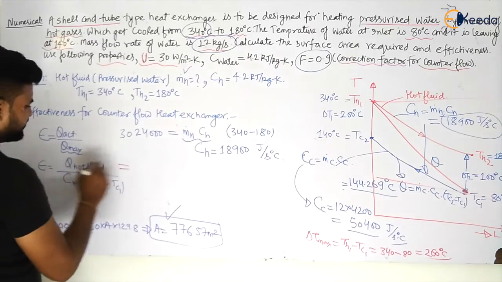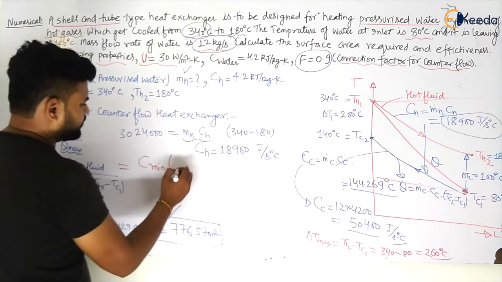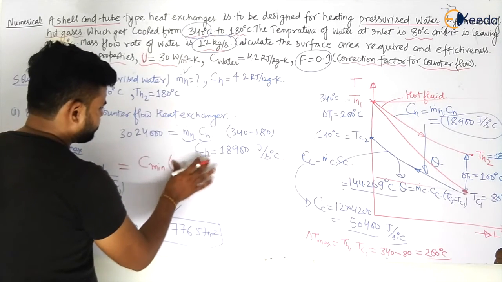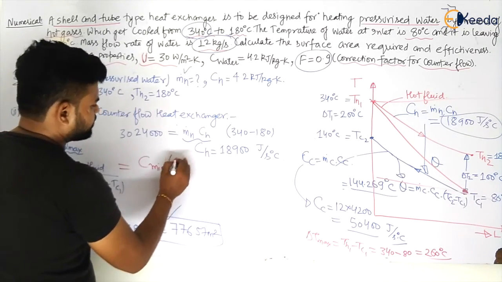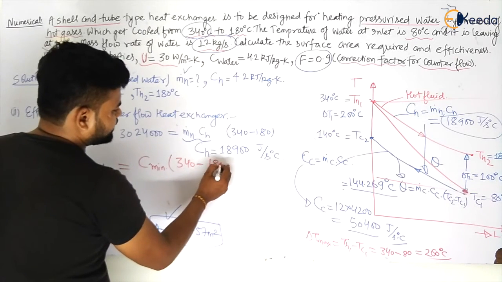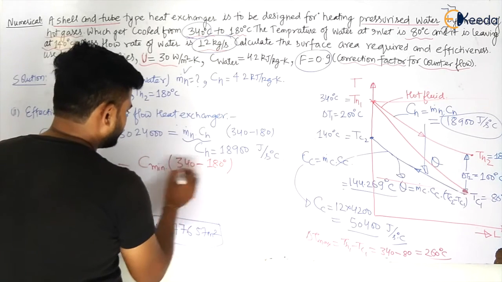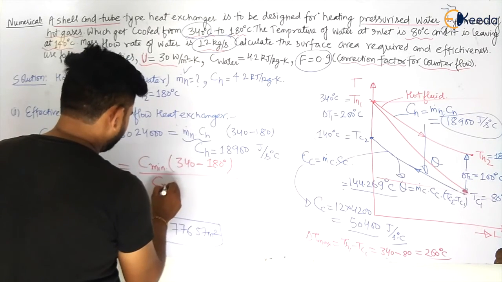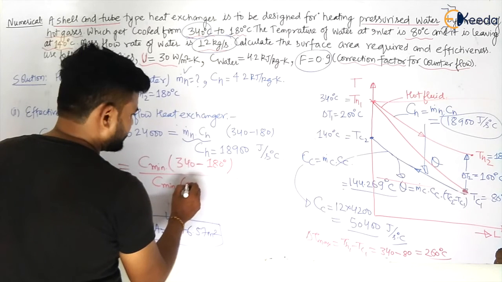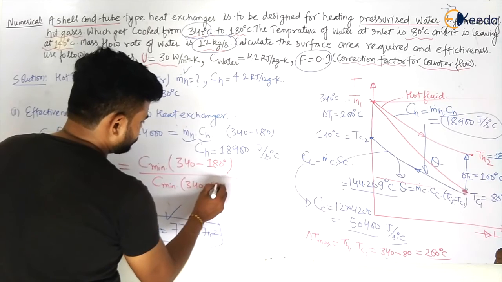So the effectiveness will be given by C minimum multiplied by the hot fluid change, TH1 minus TH2, that is 340 degrees Celsius minus 180 degrees Celsius, divided by C minimum multiplied by TH1 minus TC1, that is 340 minus 80.